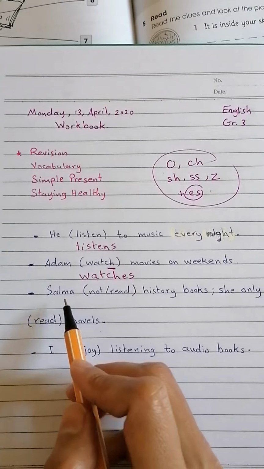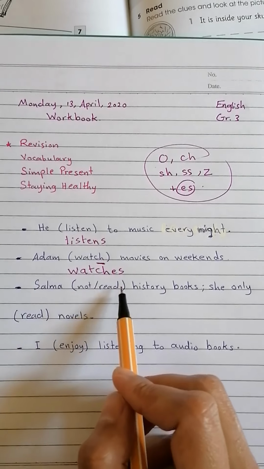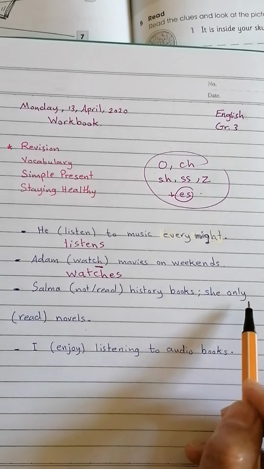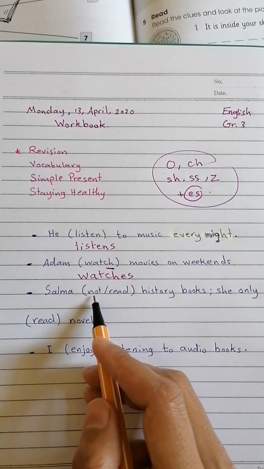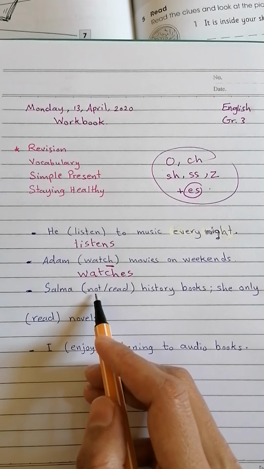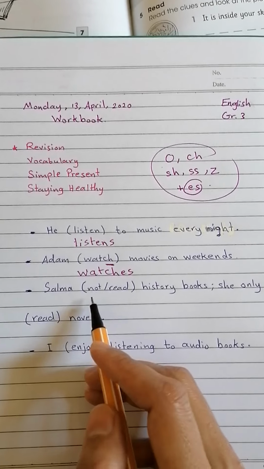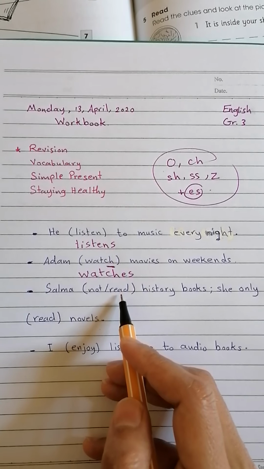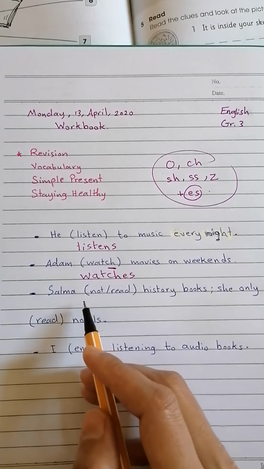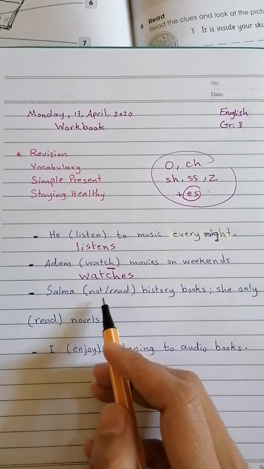Let's continue with the second one. Selma not read history books. She only read novels. Now, here I have not. What does that mean? It means I have to make it negative. How do I make negative verbs in the simple present? I have to use either do or does, okay?